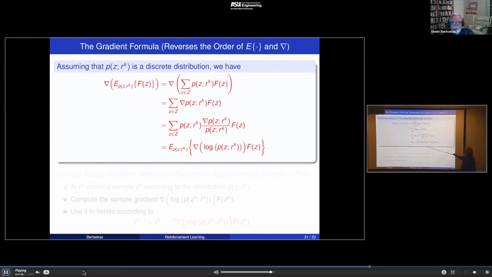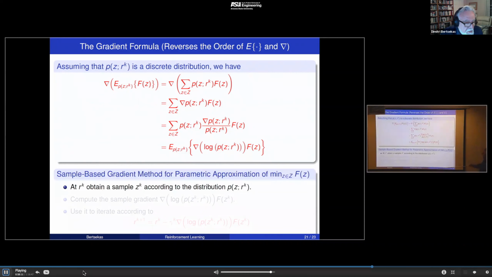In particular, the expectation is with respect to the parameterized probability distribution. So now here is my algorithm that uses this formula. We are not going to calculate the full gradient and use it in the gradient formula. Instead, we're going to take just a sample. For the current iterate, I take a sample of z, and I use the sample gradient in place of the full expected value. I am at rk, and I obtain a sample zk according to this distribution.